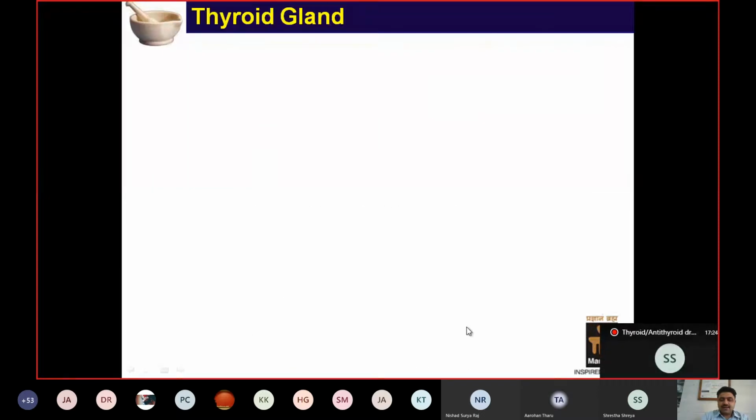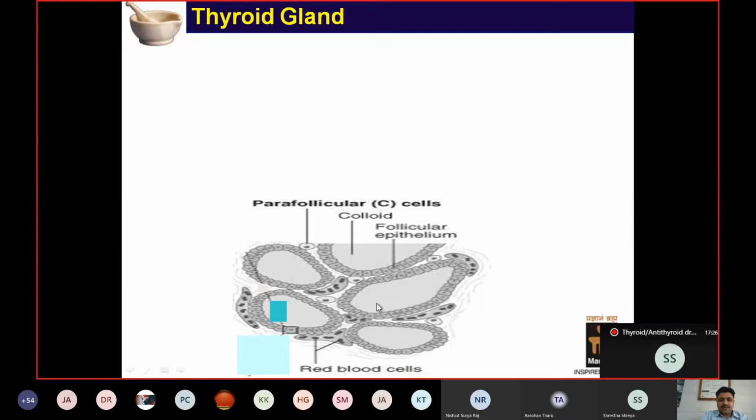What we discussed is this one thyroid follicle. A single layer of cells is there, and inside this is the colloid. Like here, what is shown?